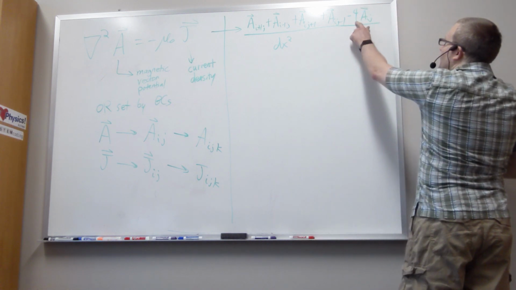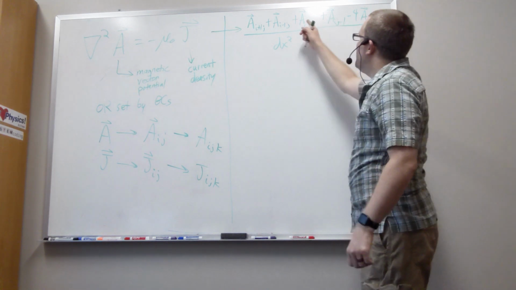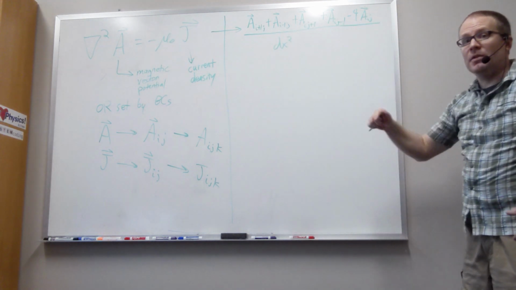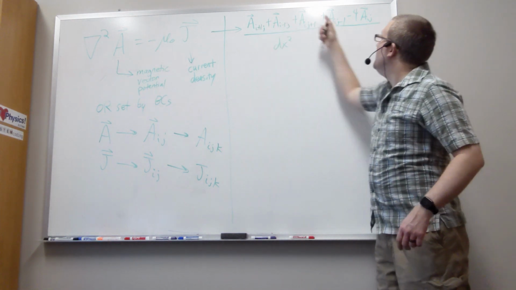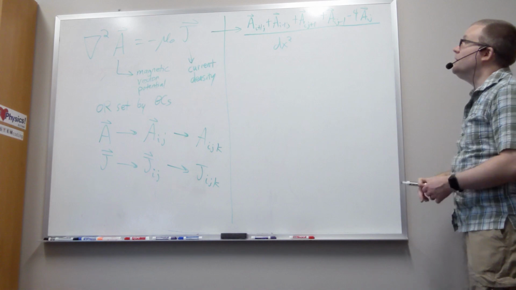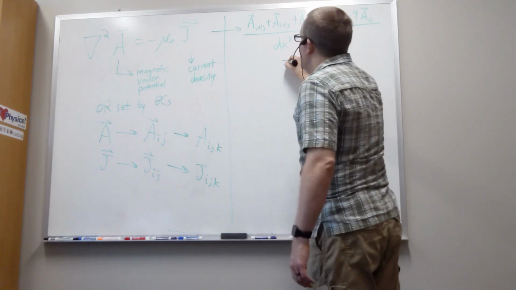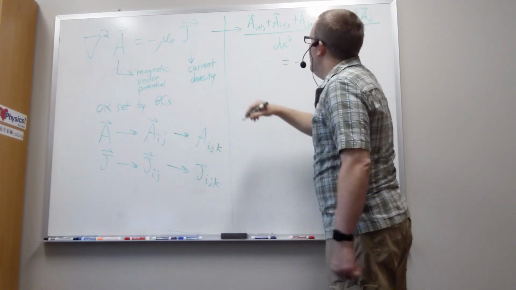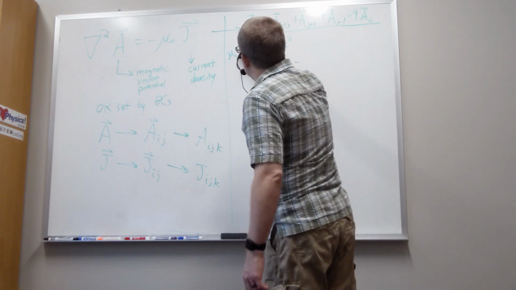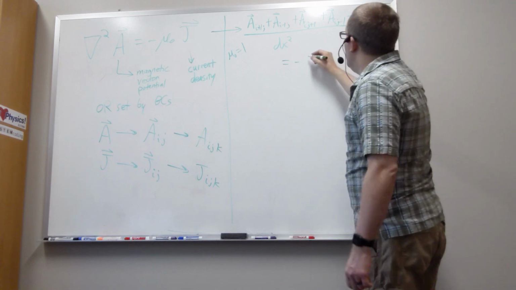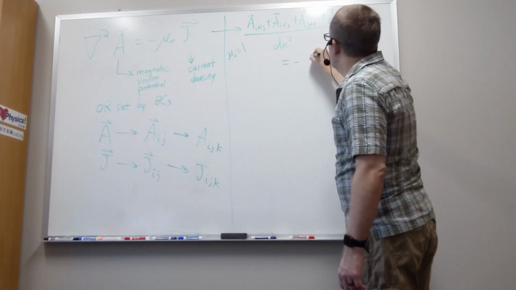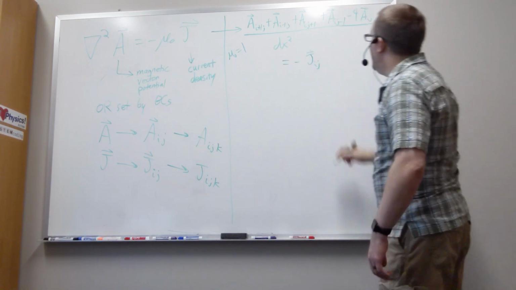The reason there's 4 factors of this is because we're subtracting it from 4 neighbors around here. If we were working in 3 dimensions, we would have 6 up here, and this would be a 6 in front of the A_ij there. That's all going to equal negative mu naught J_ij. We'll just take mu naught to be 1 just for convenience for our code.